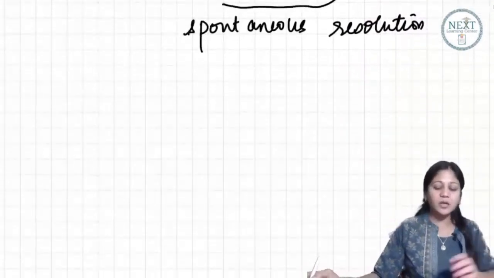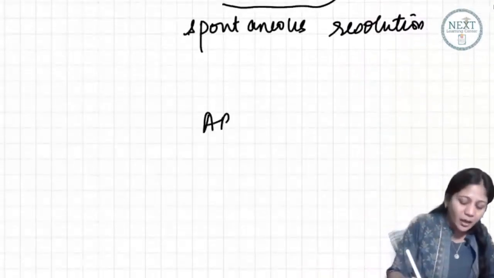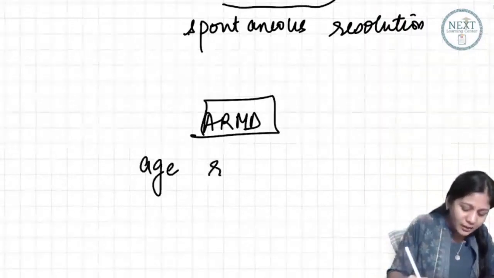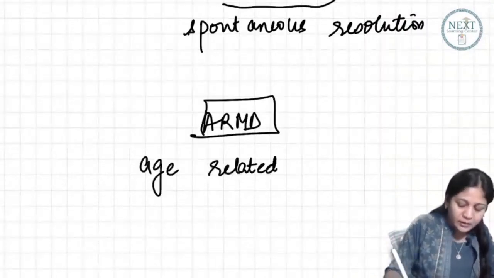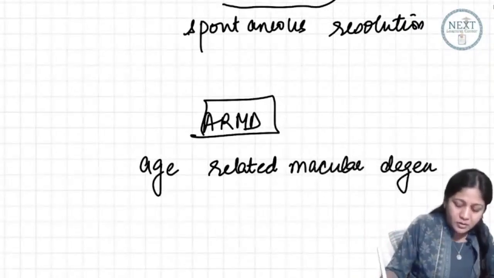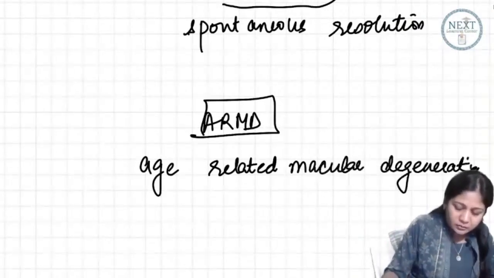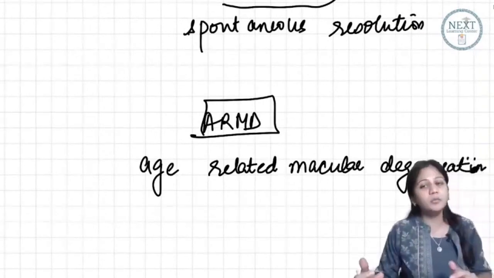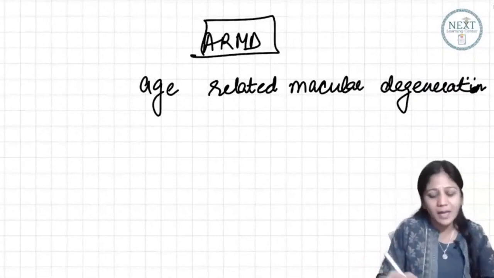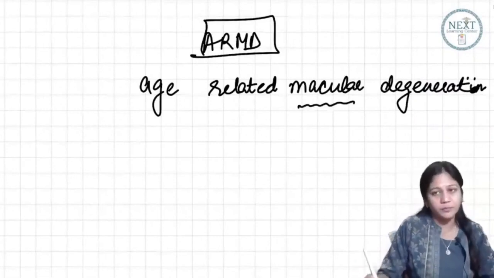Now the next pathology which we are reading is ARMD. What is ARMD? As the name suggests, age-related macular degeneration. So this is an age-related pathology, and it is an age-related problem. When you get old, there are degenerative changes at the level of macula also.